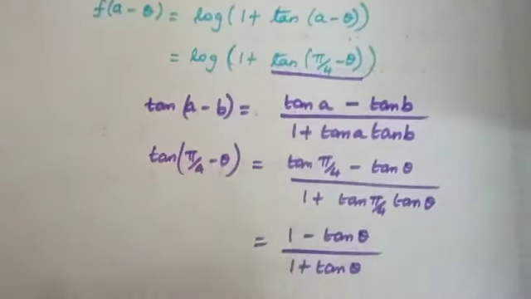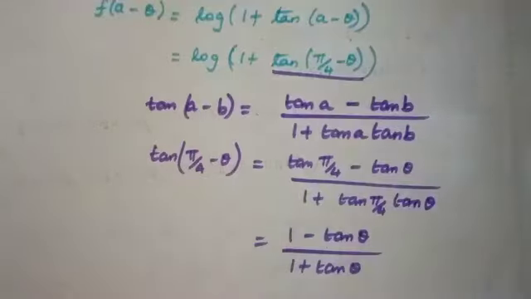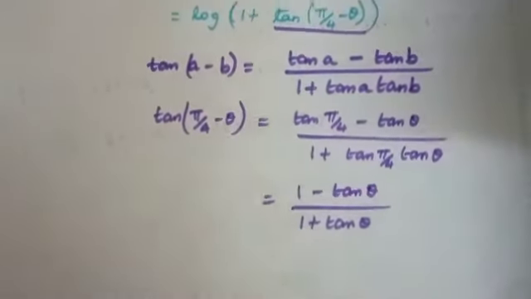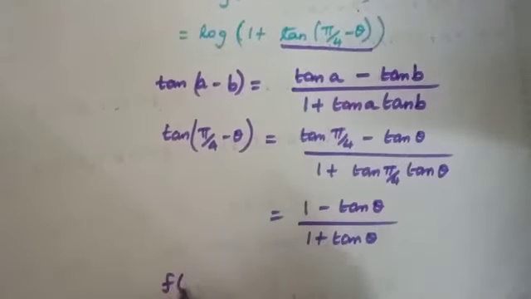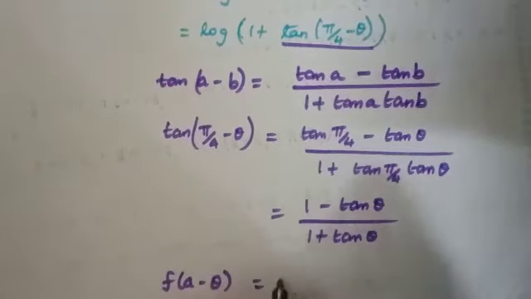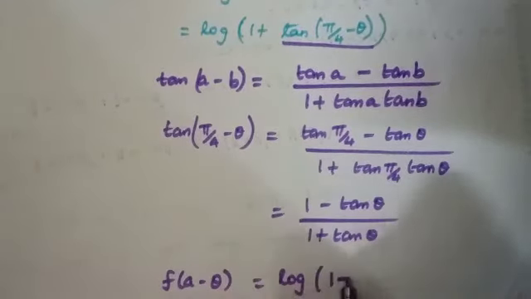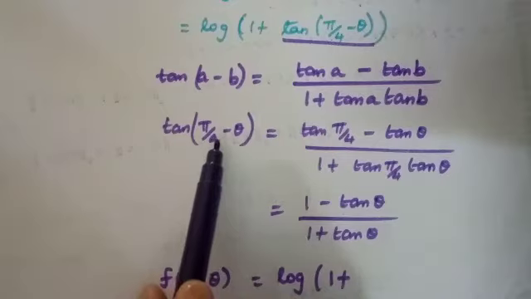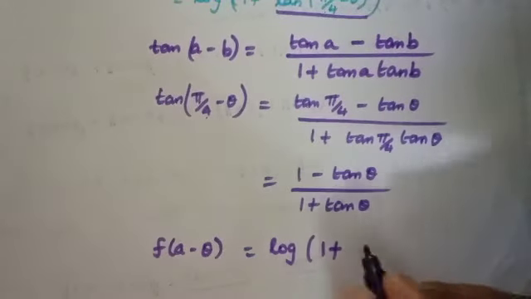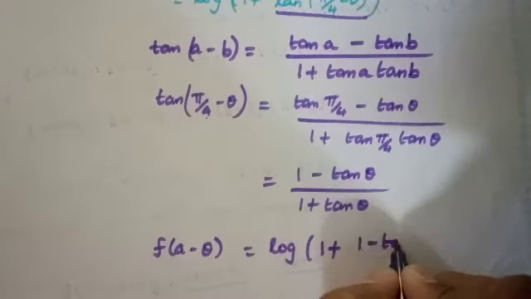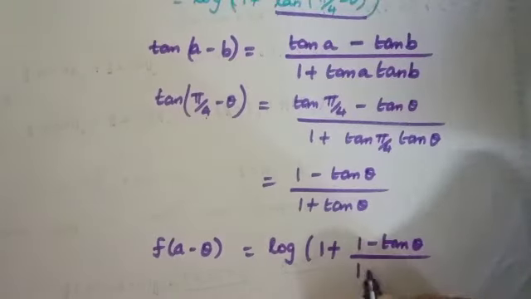So here we have to find f of a minus theta. f of a minus theta is equal to log of 1 plus tan of pi by 4 minus theta, and tan of pi by 4 minus theta is 1 minus tan theta divided by 1 plus tan theta.